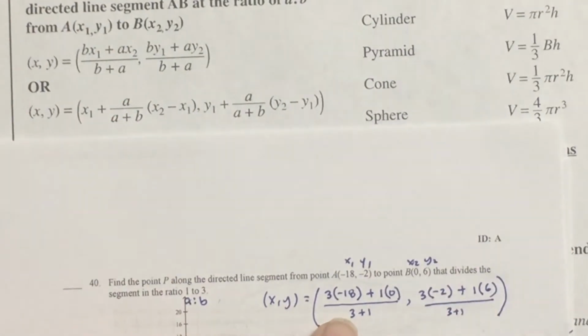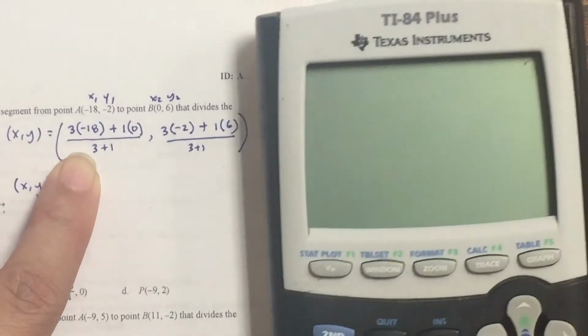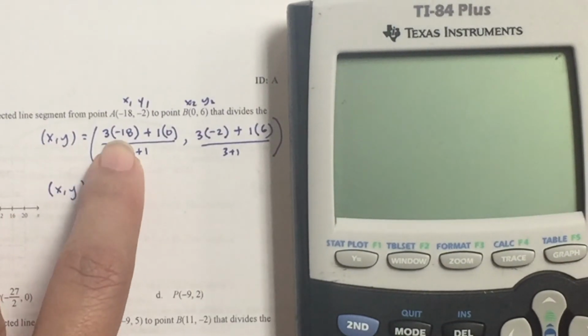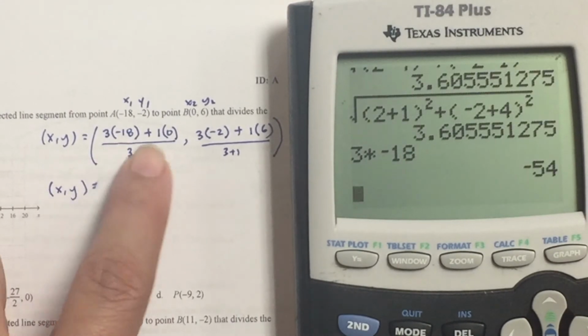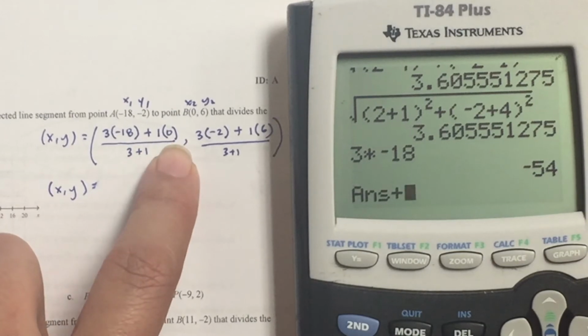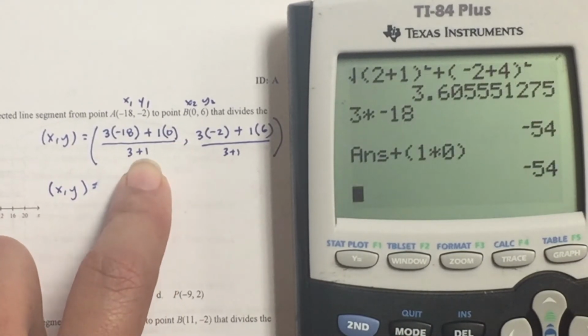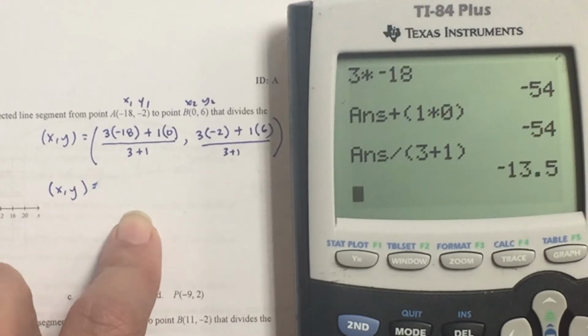And let's take a calculator and put that in there. 3 times -18 plus 1 times 0 is -54, divided by 3 plus 1, which is 4, -13.5.